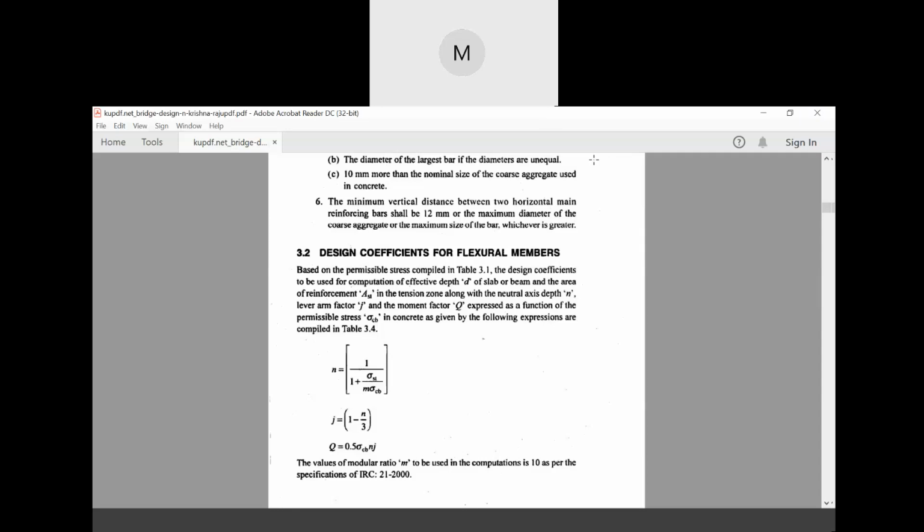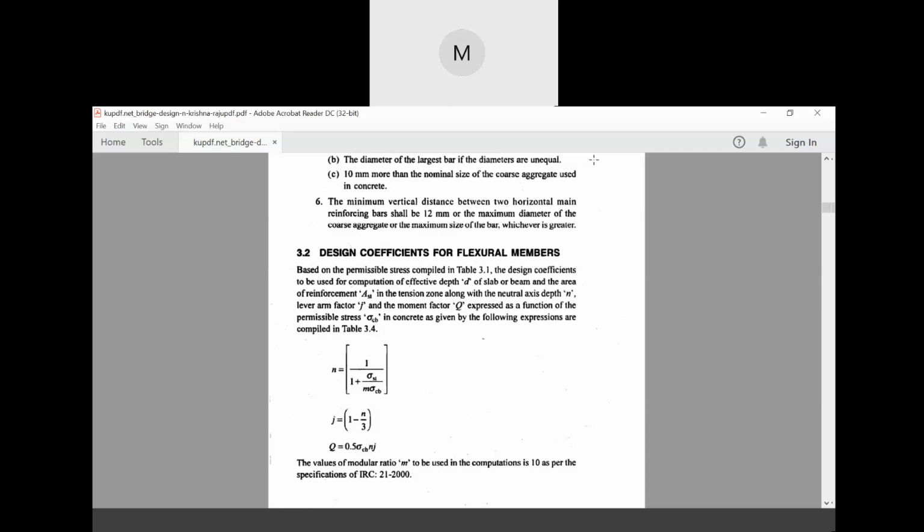Now, in table 3.1, if you can see the properties and basic permissible stresses in concrete. These are the basic permissible stresses in concrete, okay, for different grades of concrete.